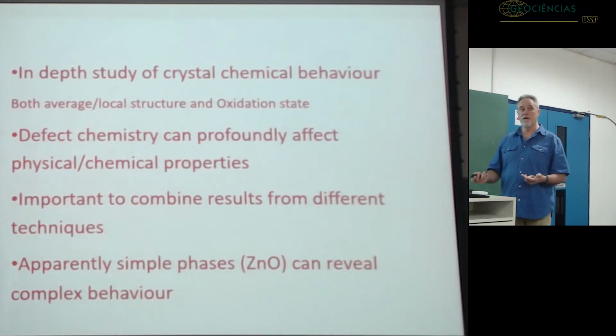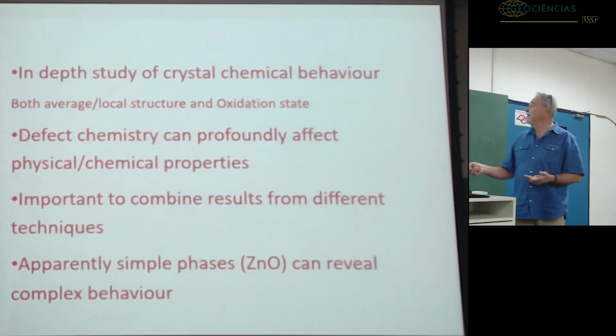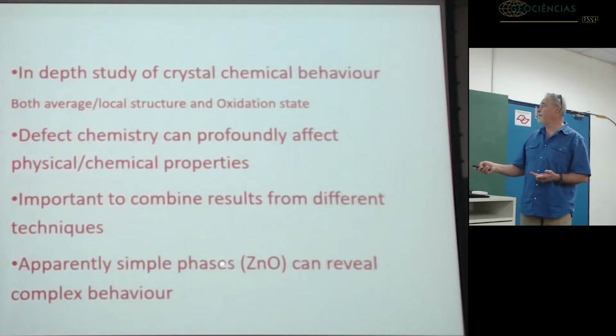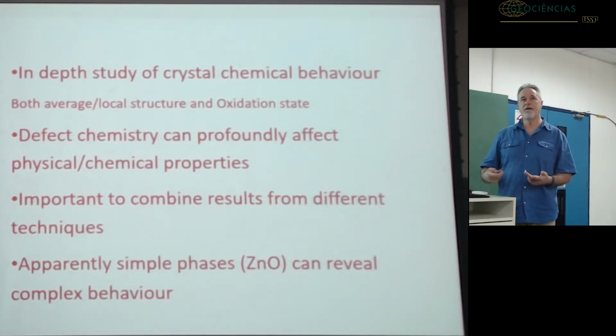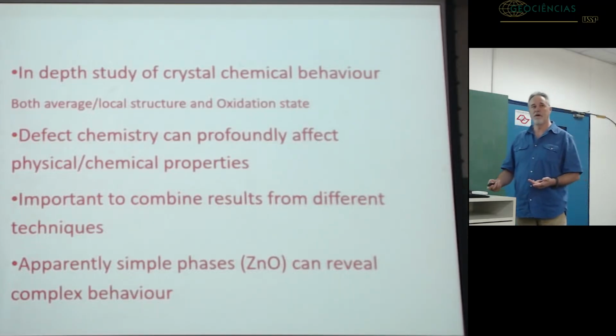But according to the dopant, in the mantle mostly iron, and according to whether it is trivalent or divalent, if there is a considerable amount of trivalent iron, we can expect magnesium oxide to be mostly nanocrystalline, for the same reason that we saw for zinc oxide. So apparently simple phases can reveal a very complex behavior according to the kind of doping and the amount of doping.